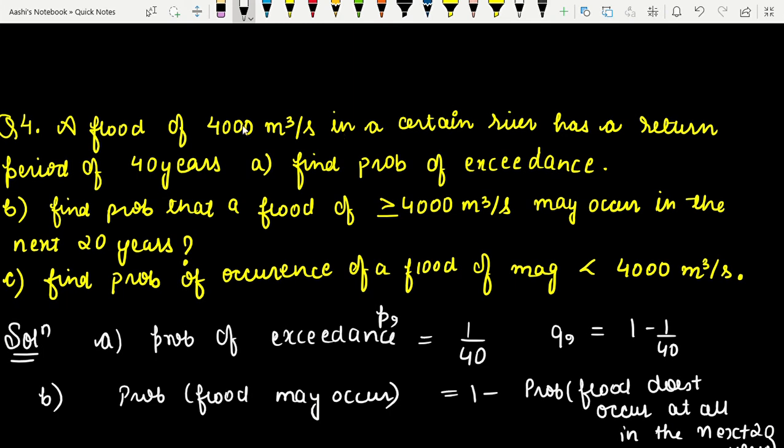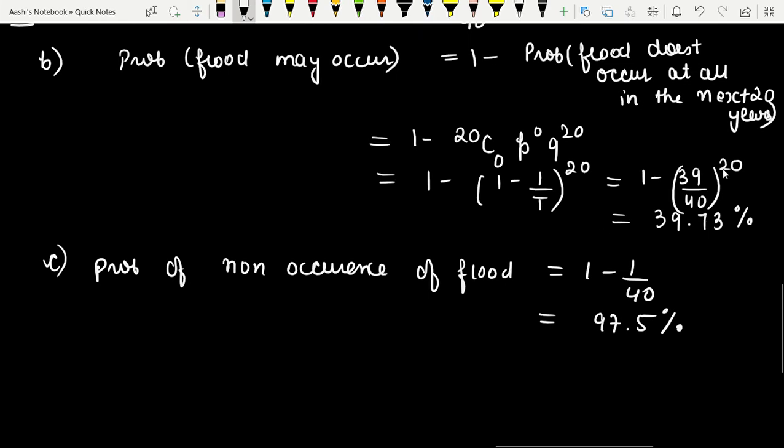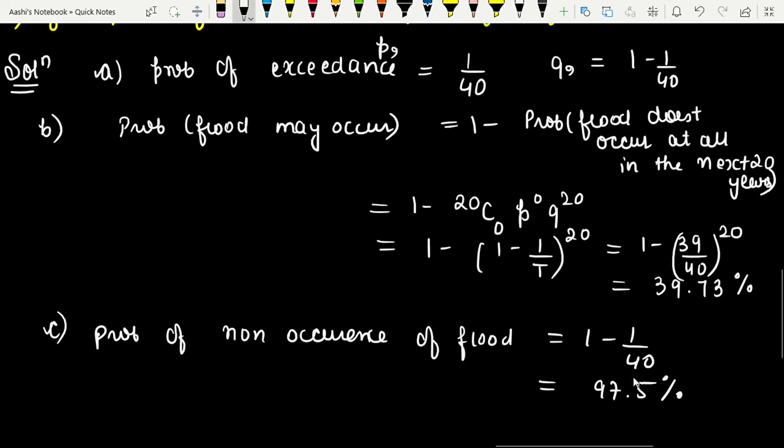Which event? 4000 meter cube per second discharge passing in a river. So, if I have to say what is the probability that a flood of less than that will pass, that means this event is not occurring. So, what is the probability of non-occurrence? 39 by 40. This is what it is. So, same thing I have, right? And later I have given all the answers in percentage.